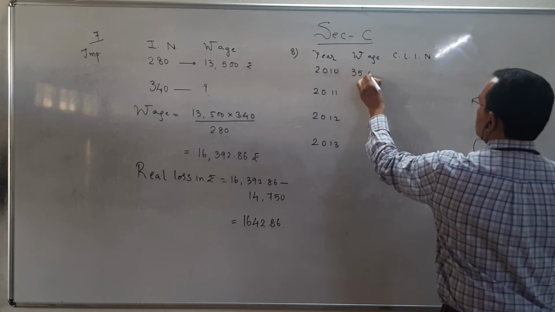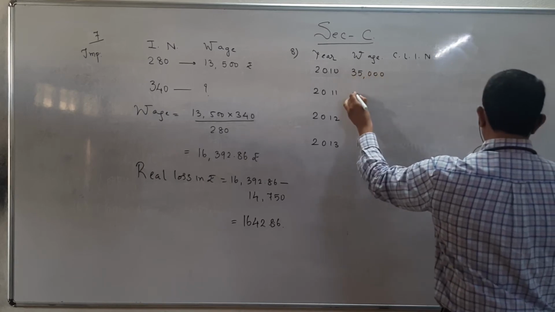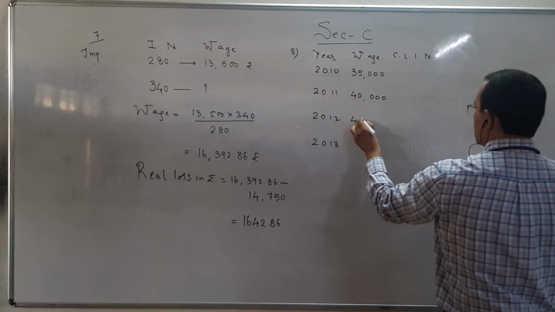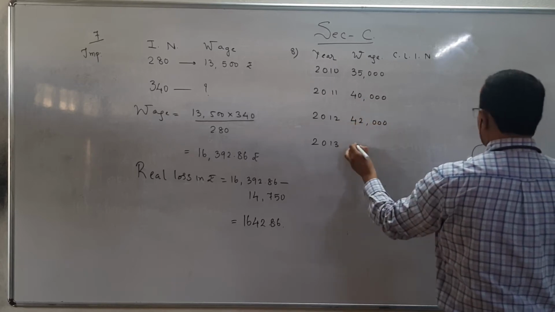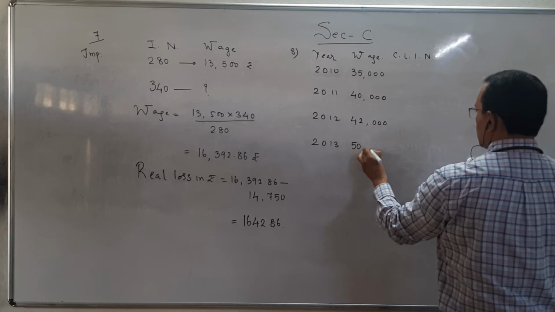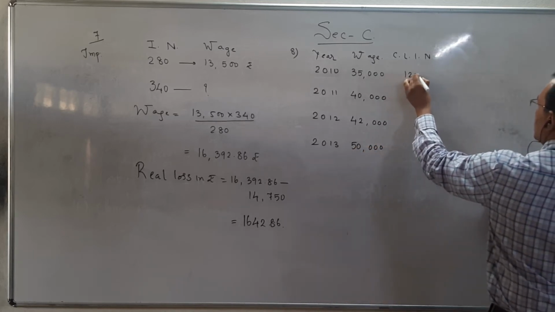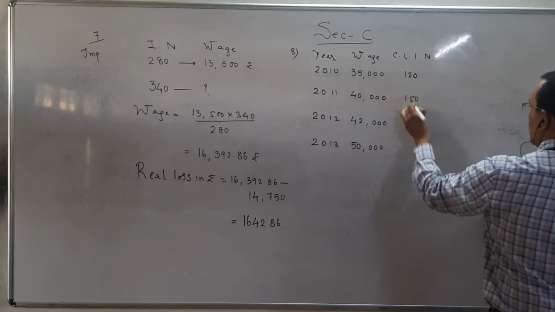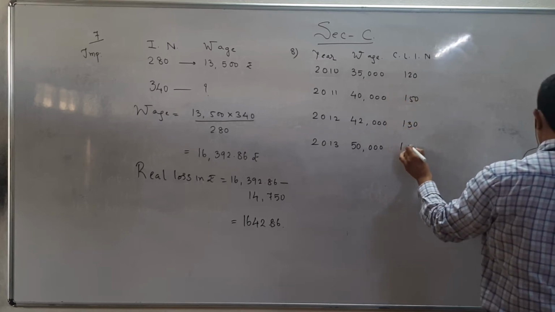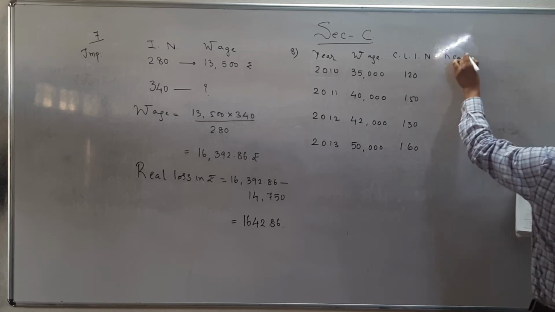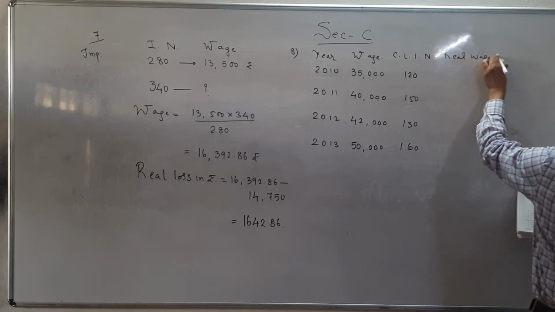Then the wages are 35,000, then 40,000, 42,000, then 50,000. The index is 120, 150, 130 and 160. Here I am writing, students, real wage in rupees.